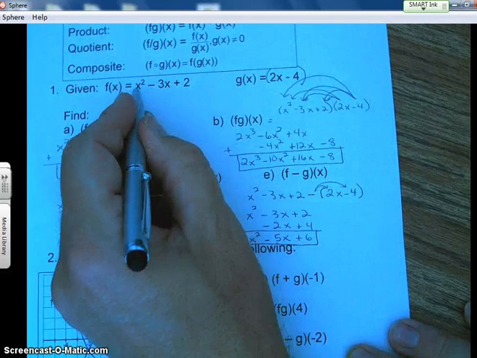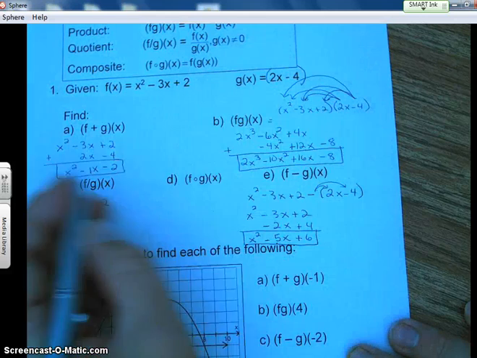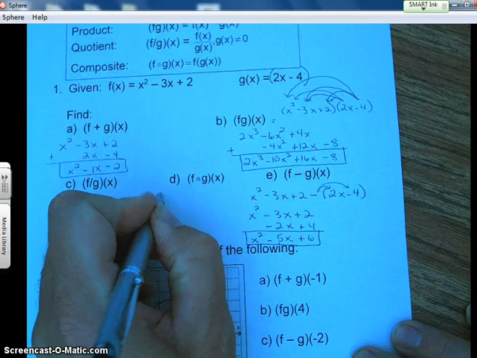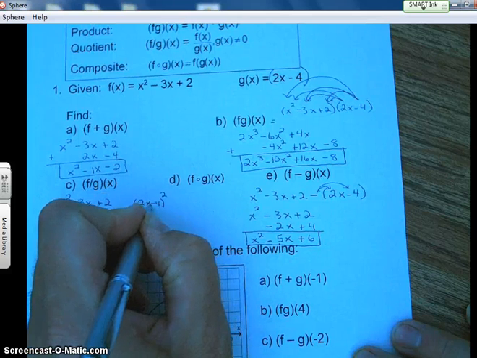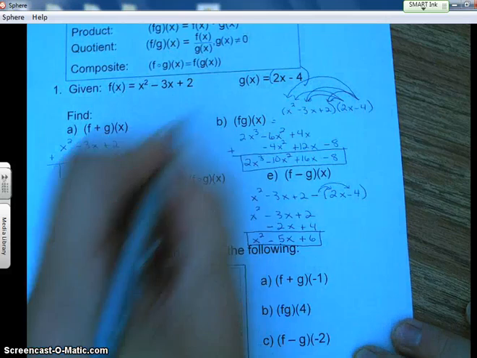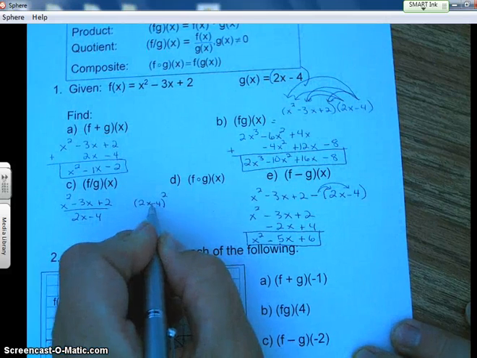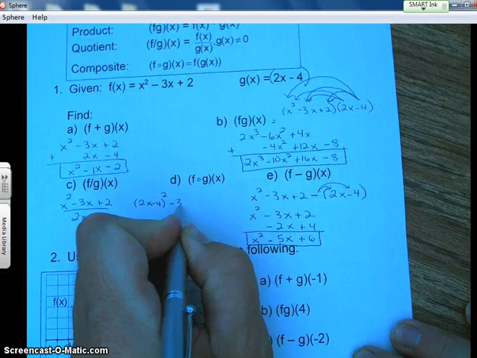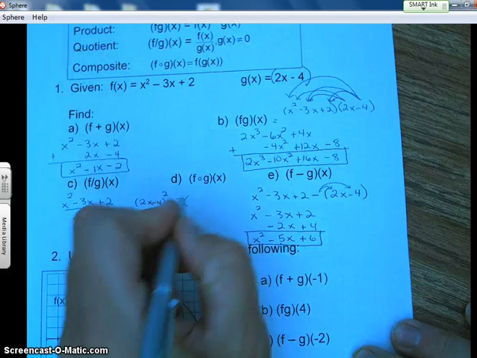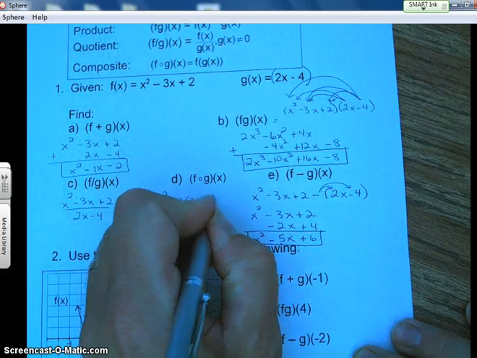So I see an x, so I'm going to substitute in 2x minus 4. Notice how the x has been replaced with 2x minus 4. Oh, another x. So this x gets replaced with 2x minus 4 plus 2.